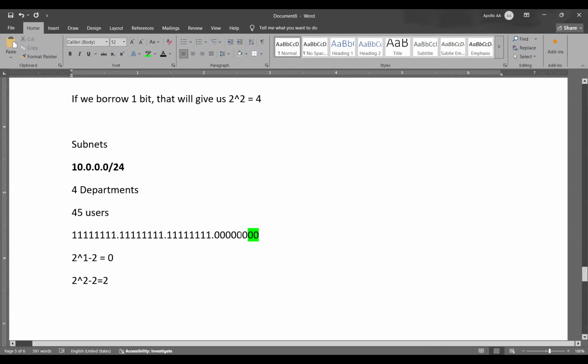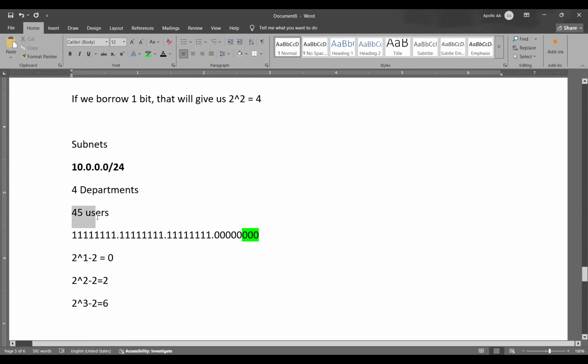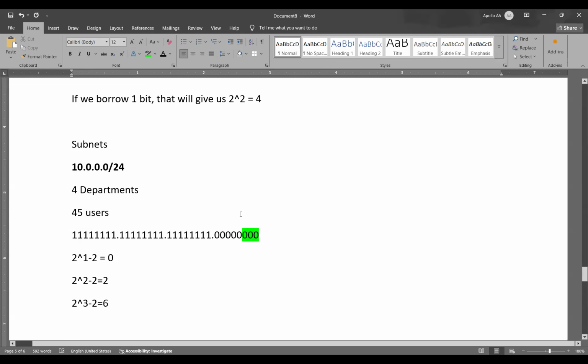The next one, if we have 3 host bits, what happens? It is 2 raised to power 3 minus 2, which should be 6, still not enough for our 45. So we borrow another bit and make sure we have that bit also as a host bit, and see if it will take care of our requirement.